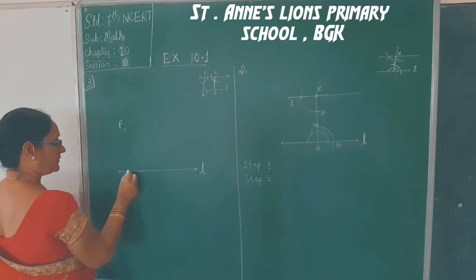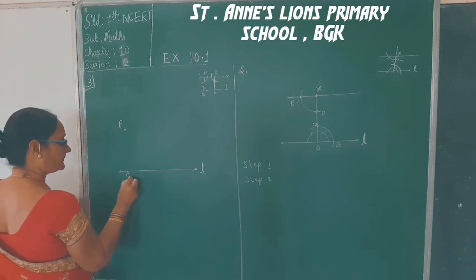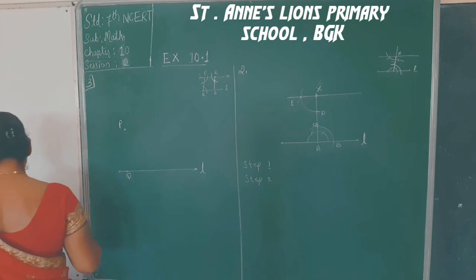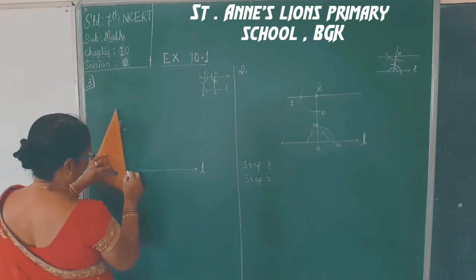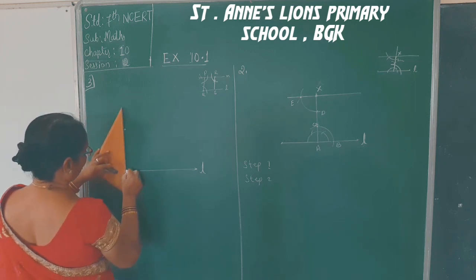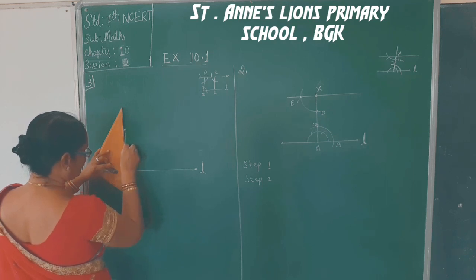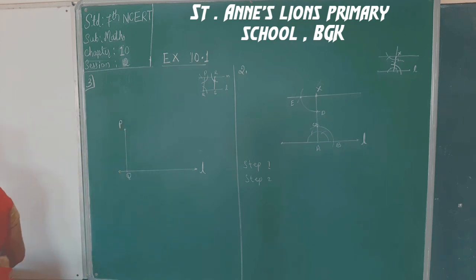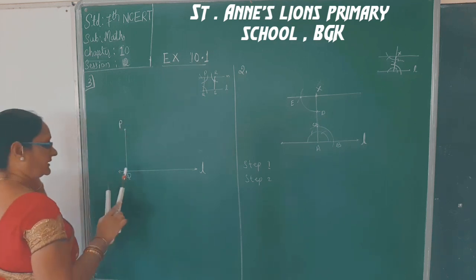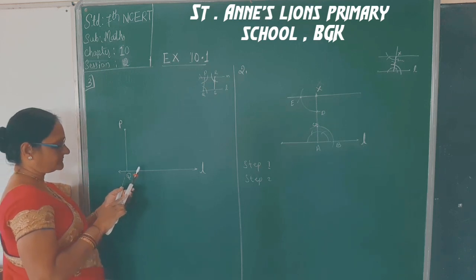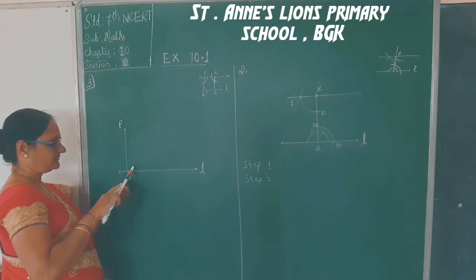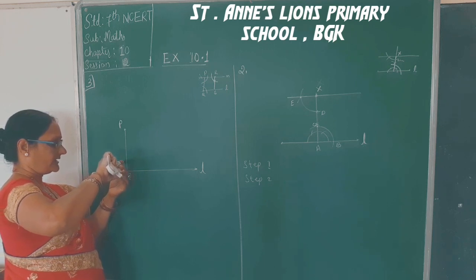We just take one point here. This is Q. We will join it. Now what we have to do? See, take Q as the center and a convenient radius, draw an arc.